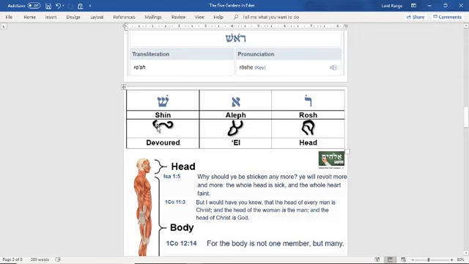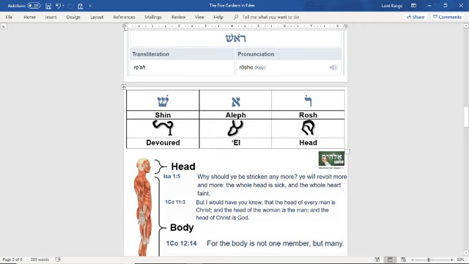Just like in the beginning when Elohim created all the light and stars and the constellations and all that stuff representing him, the very first language and writing system we have, it all represents Christ in the beginning. So even here we have the word rosh, and that word represents Christ.